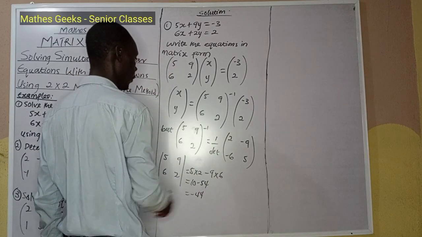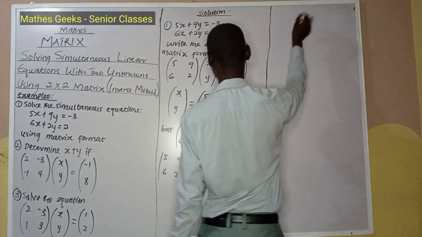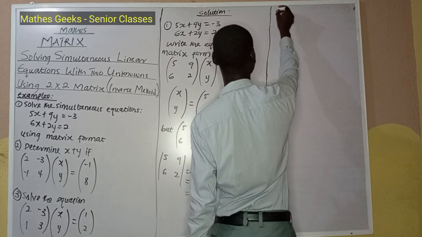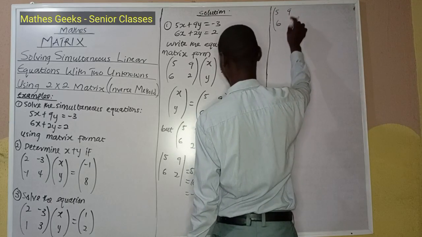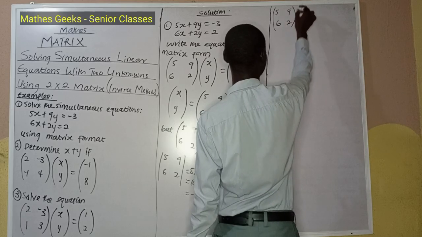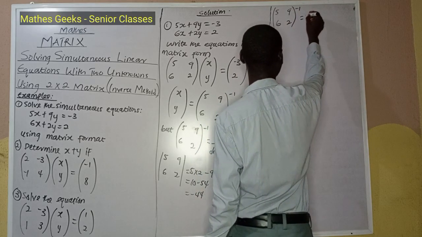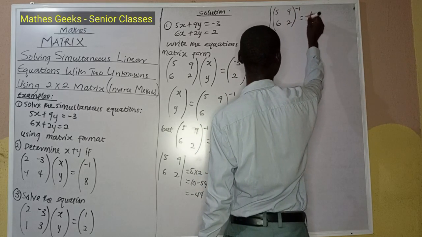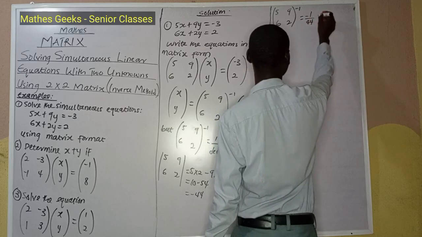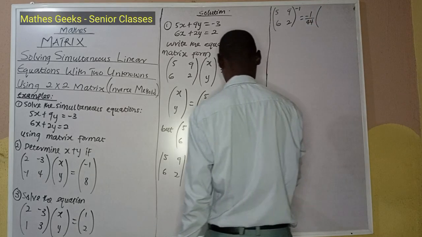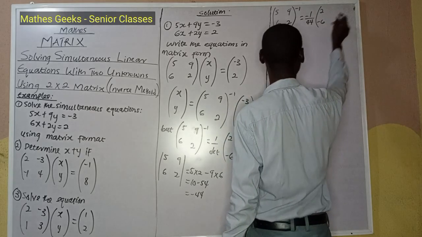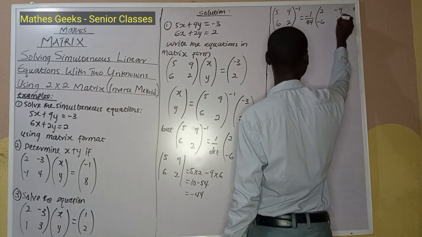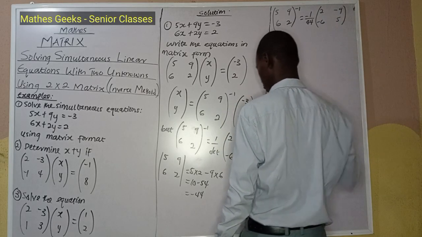So the inverse of 5, 9, 6, 2 is minus 1 over 44 times 2, minus 9, minus 6, 5.